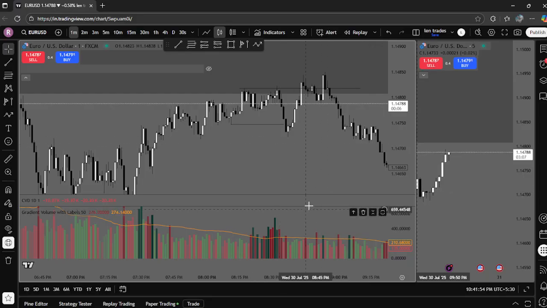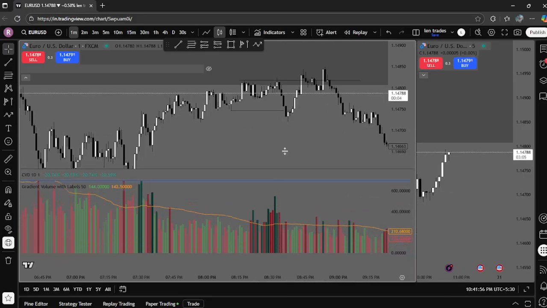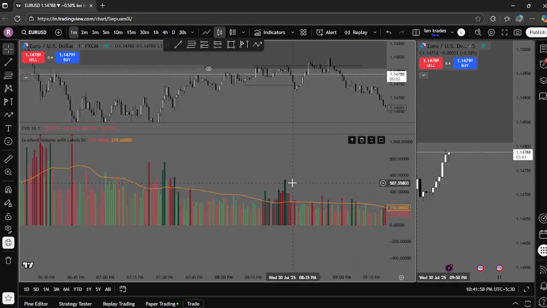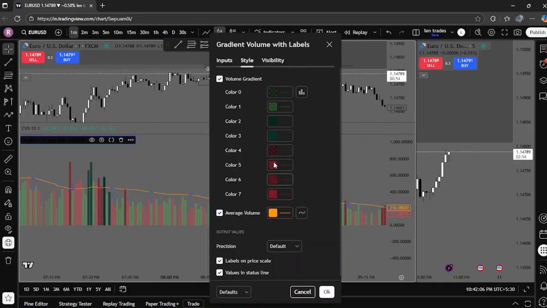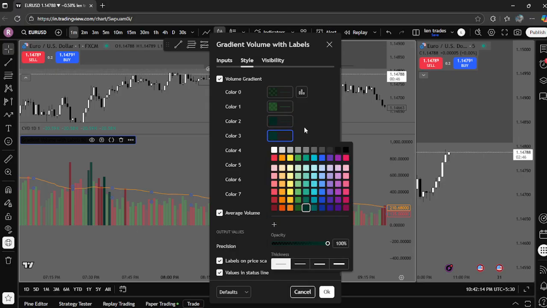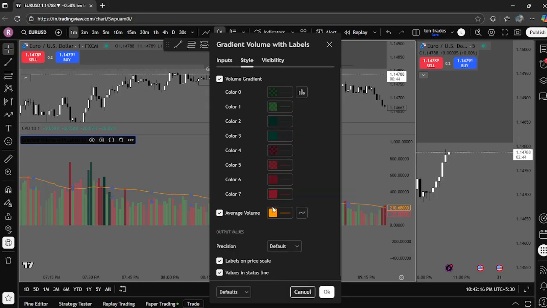Now let's talk about this indicator. This indicator is a normal volume indicator, but a little bit more advanced. It means in this indicator there are 4 color codes for green: 1 2 3 4. These 3 and 7 will show heavy aggressive buying or selling.